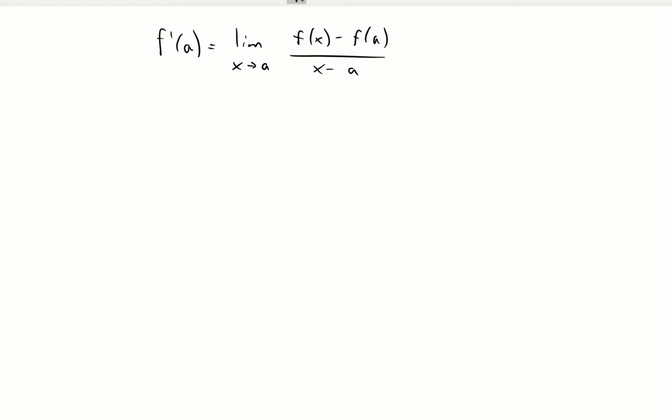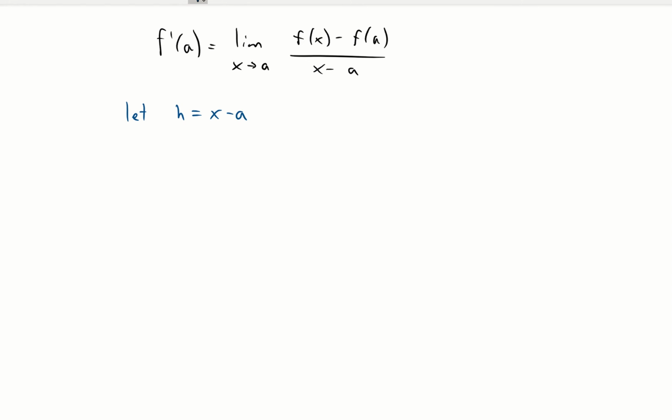We're going to do something here. We're going to let x minus a, what we don't really care for is this subtraction inside of the denominator. So what we're going to do is replace that x minus a with h. So let's see what happens when we do that.